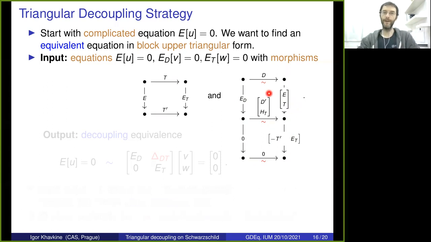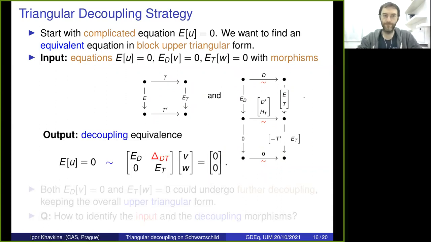Okay, so if these morphisms exist, and this second, more complicated morphism is not just a morphism but an equivalence in the sense that I described before, meaning that there exist maps going in the other directions along with the corresponding homotopies, then the result of that input is that there exists an equivalence between the original system and an upper triangular system with these operators on the diagonal and some off-diagonal coupling.